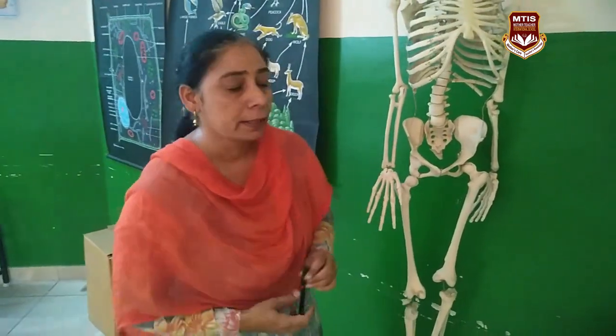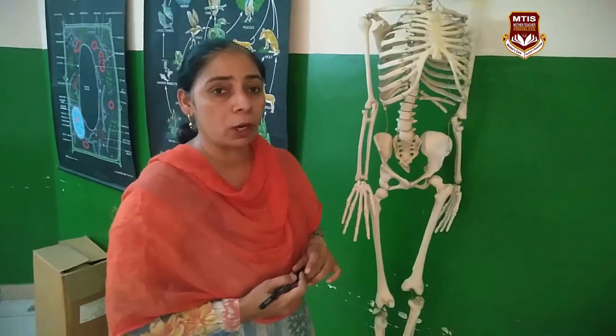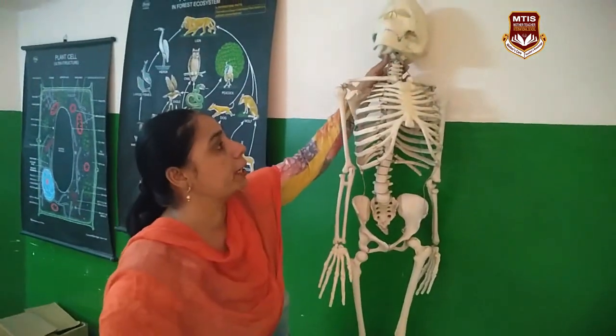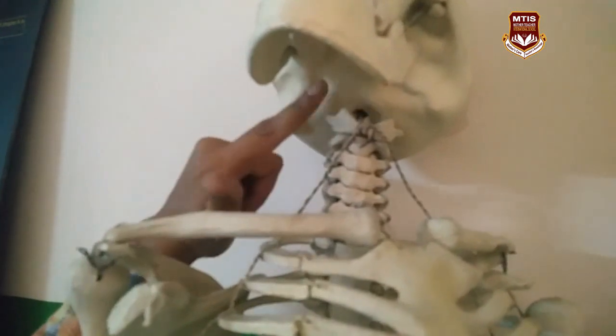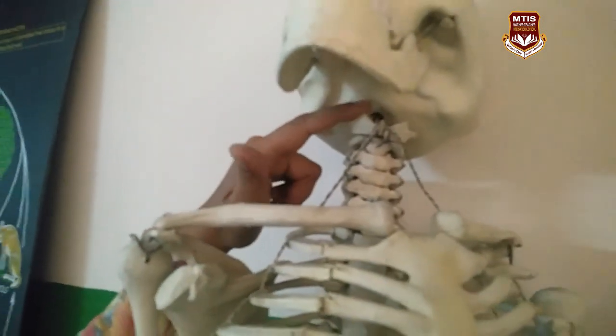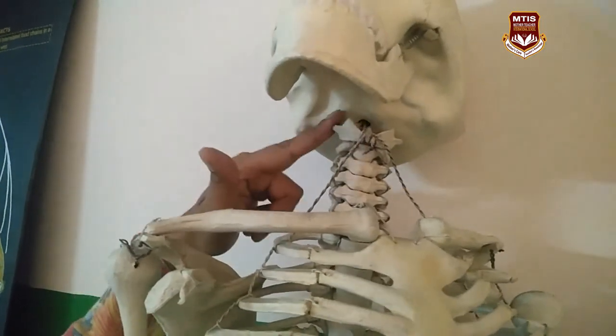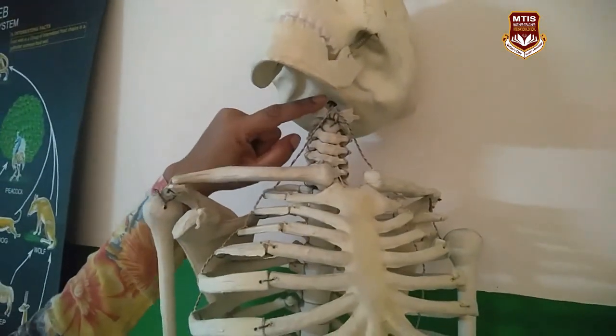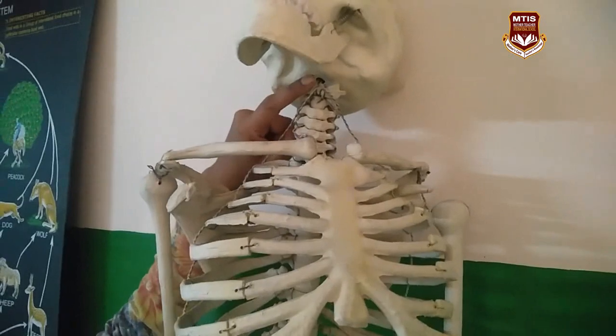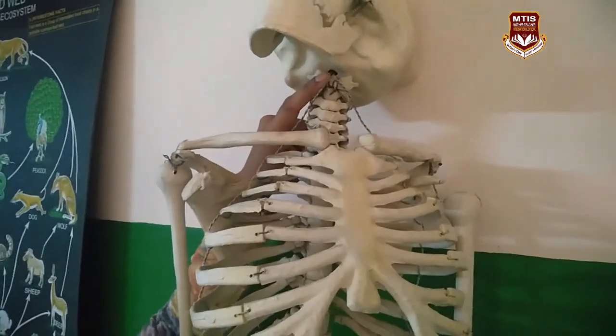Some movable joints are also present in our body. Out of the movable joints, one is the pivot joint. The pivot joint is present in our neck, and from this position we can move our neck in 3 directions, right? This is called the pivot joint.